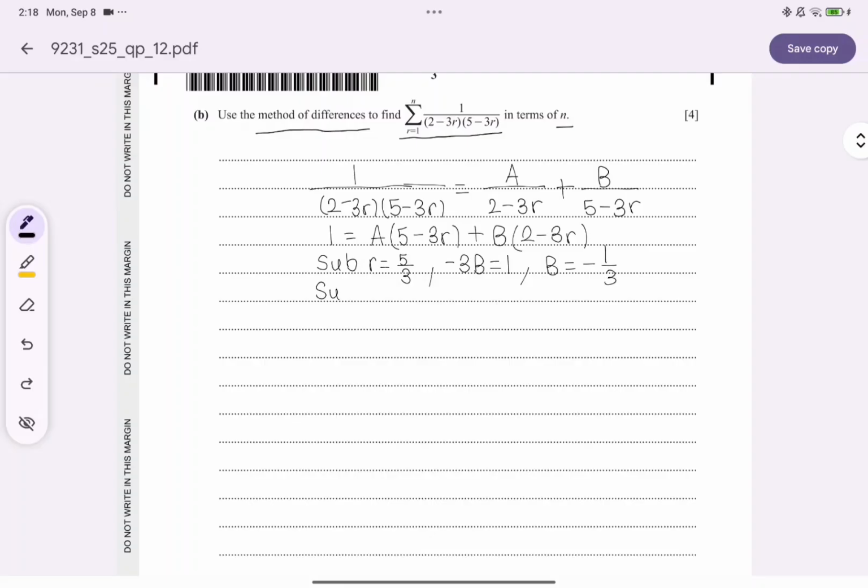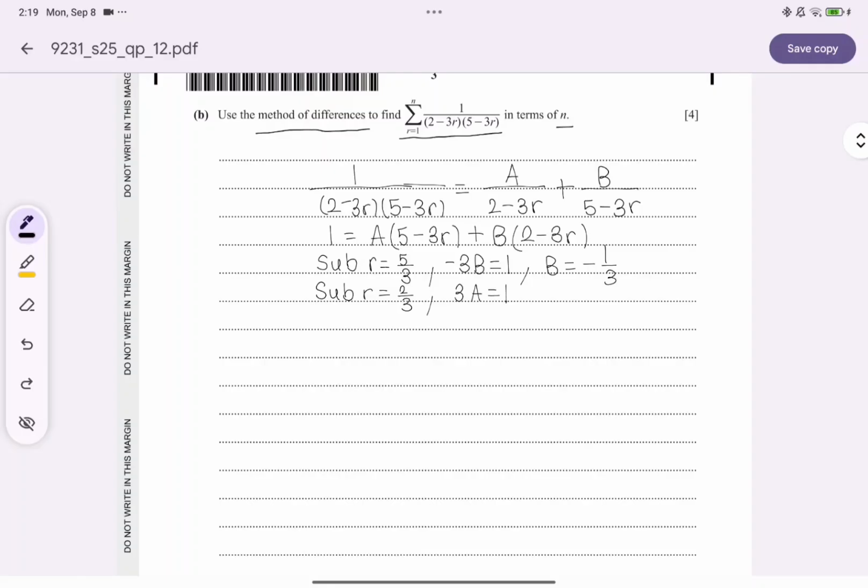And now to find a, you're going to have to substitute a value of r that would make 2 minus 3r equal to 0. So in that case, that would be 2 over 3. So for a, that would give us 5 minus 2, which would be 3a.